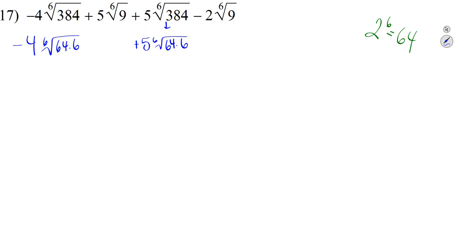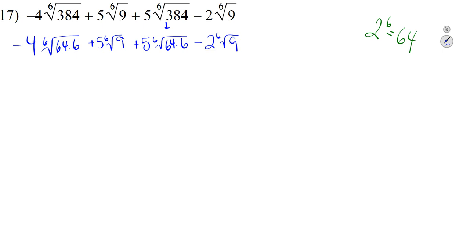Okay, and then the 6th root of 9, we can't take the 6th root of that without coming up with something irrational, but we can leave it there. And so I'll just bring those down. 5 6th root of 9 minus 2 6th roots of 9.